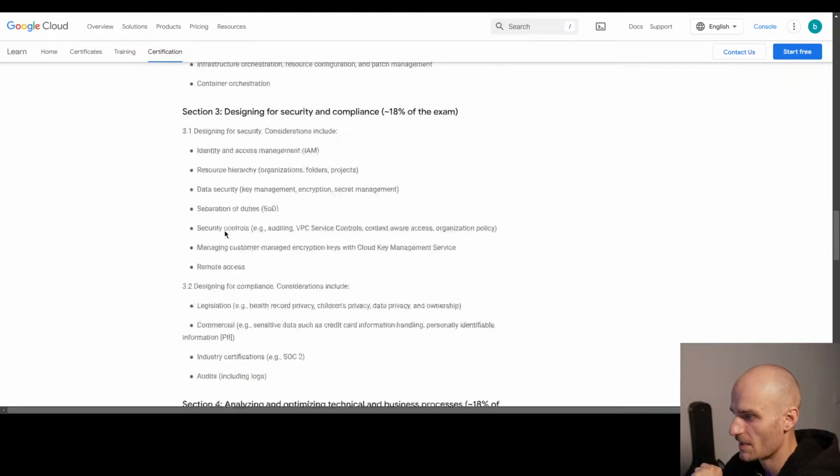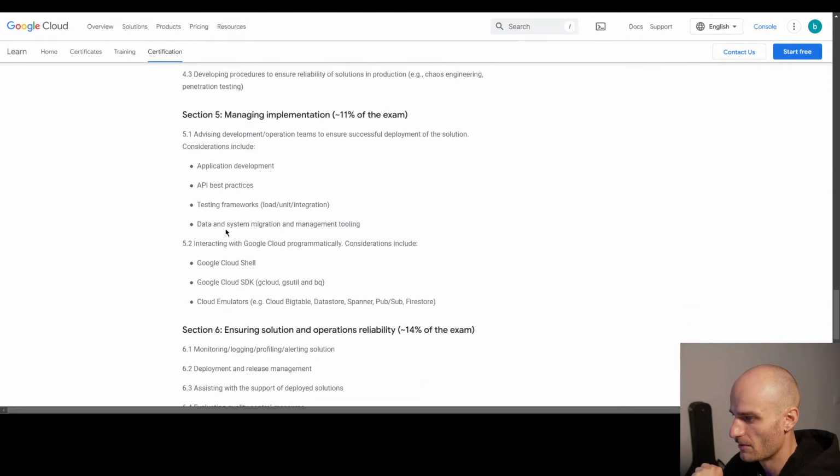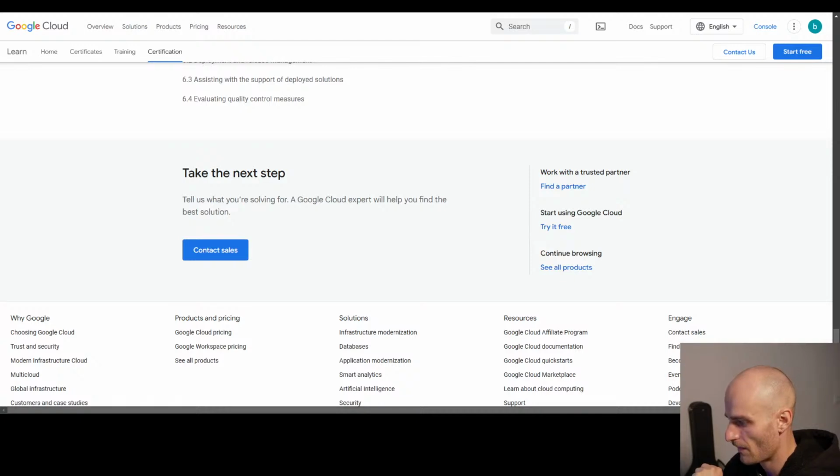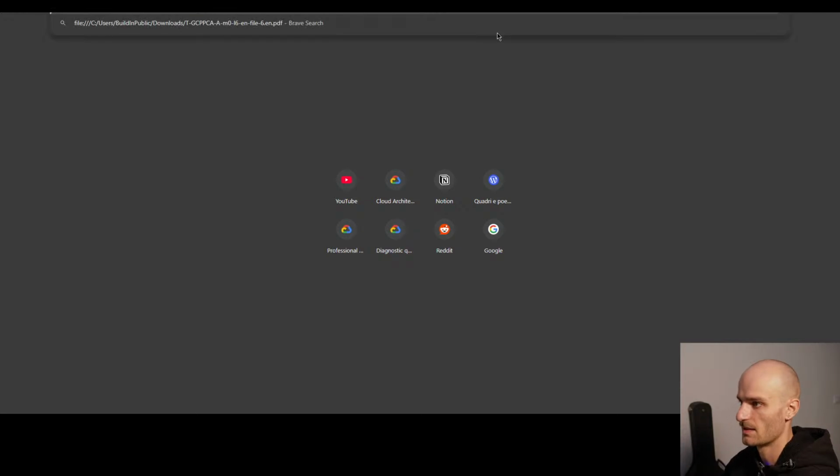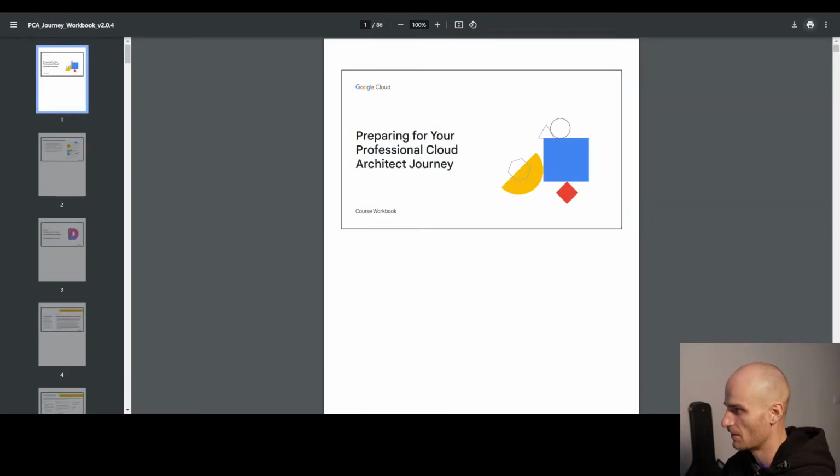All this material here with all these sections is available in PDF. Let me open this in the same browser so you can see it.